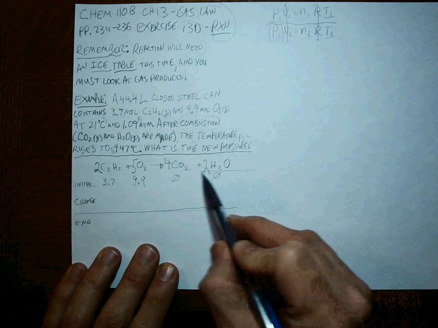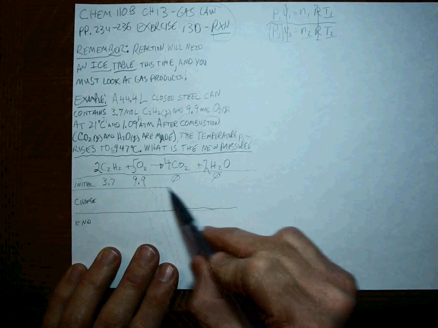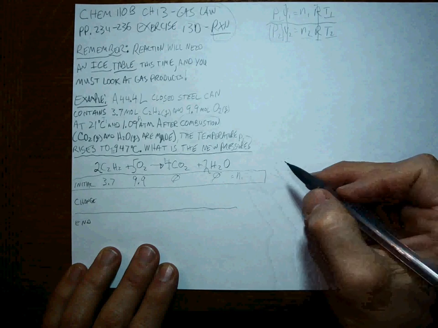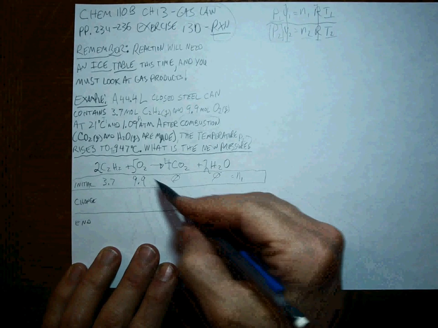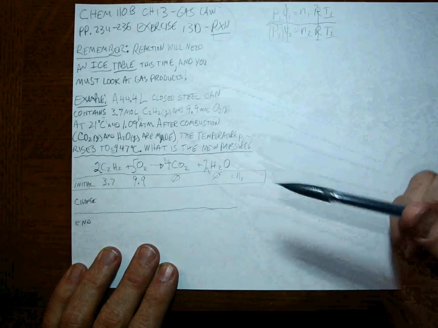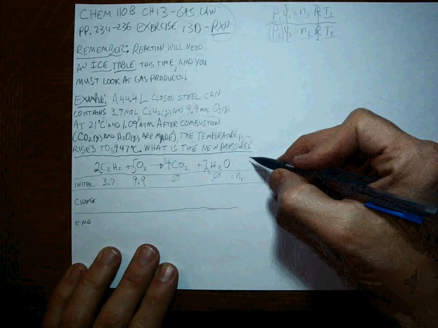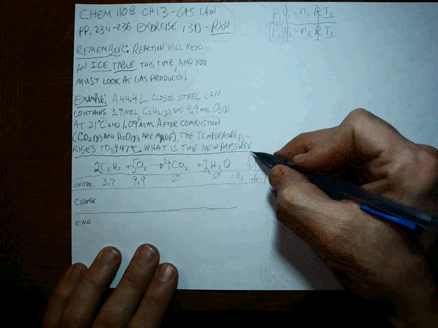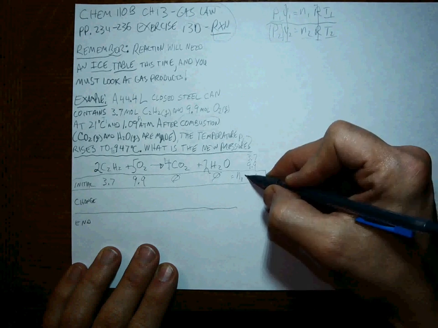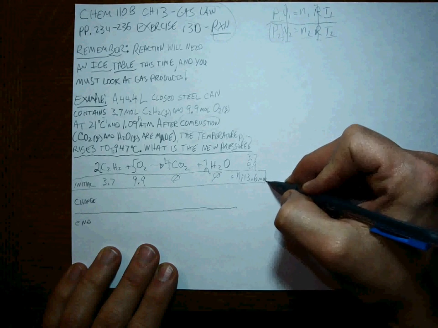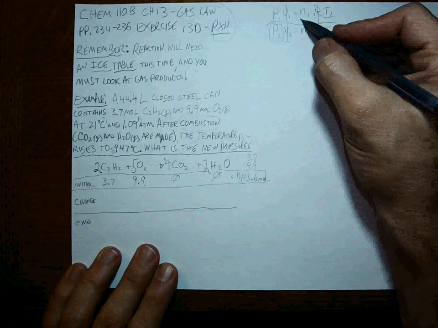So the initial added up is N1. That's all the gases that are in that can that we begin with at that temperature to give it that pressure. So we add 3.7 and 9.9, and N1 is 13.6 moles. Okay, so that's something that we know as well.